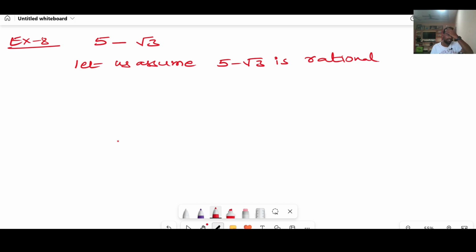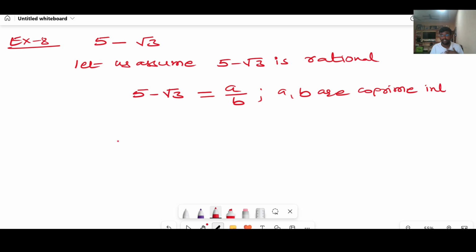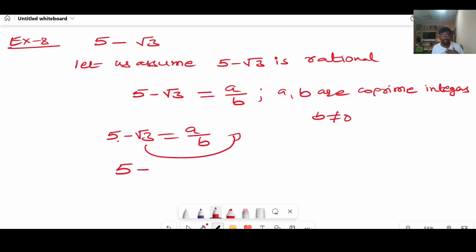If it is rational, 5 minus root 3 can be written as a by b, where a, b are co-prime integers and b not equal to 0. Therefore 5 minus root 3 equals a by b, and I will take minus root 3 to this side, a by b to this side: 5 minus a by b equals root 3.